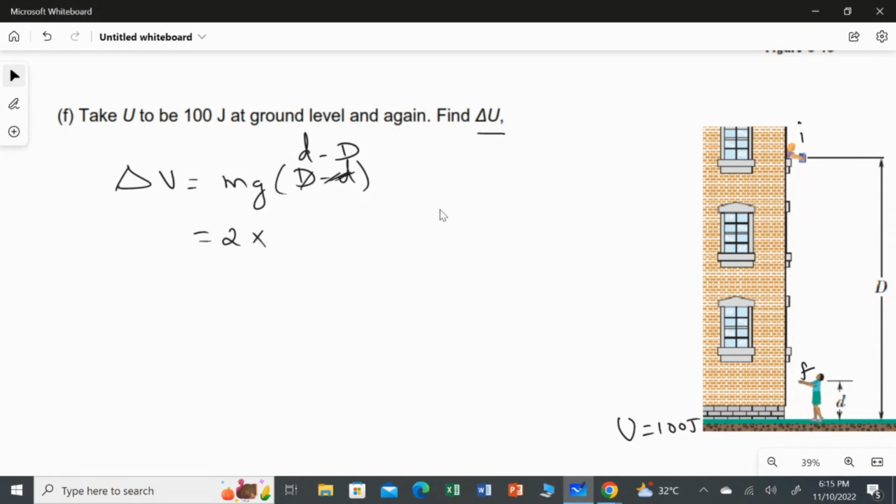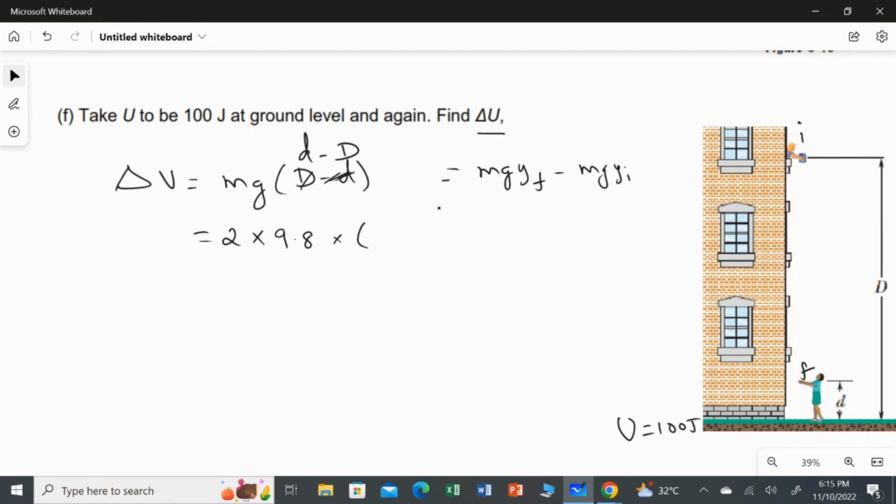So the mass of the book is 2 and the g value is 9.8 multiplied by, sorry, final minus initial. Am I right? So the final position is exactly small d. What's the rule? mg y final minus mg y initial.